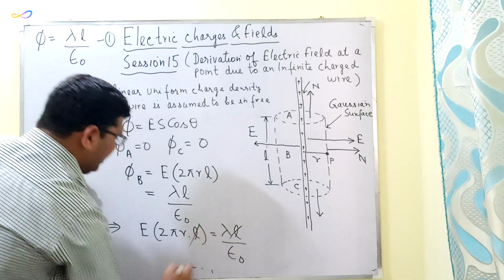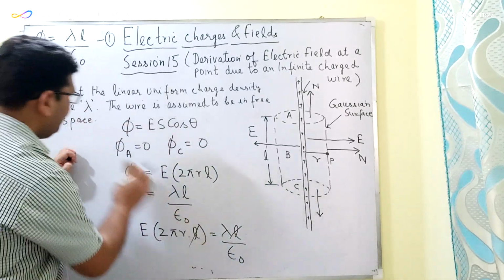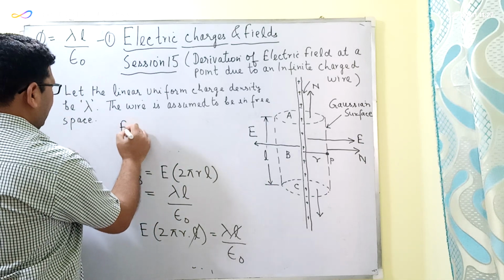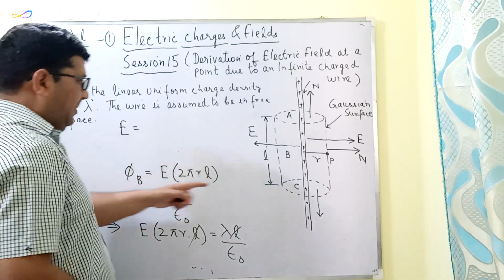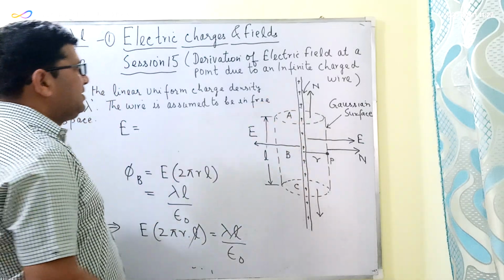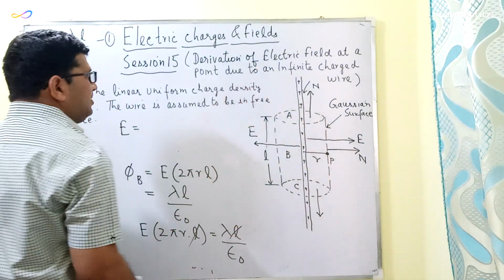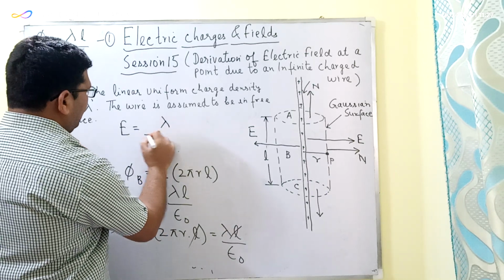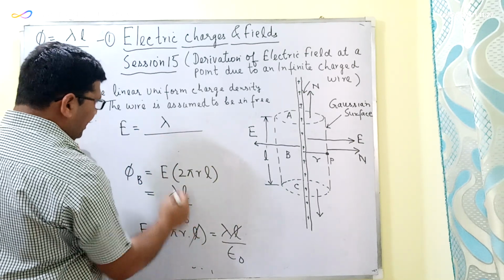From here L and L will get cancelled out. So we can say that the electric field at this point P, which is at a distance r from this infinitely long charged wire, will be equal to lambda divided by 2 pi r epsilon naught.